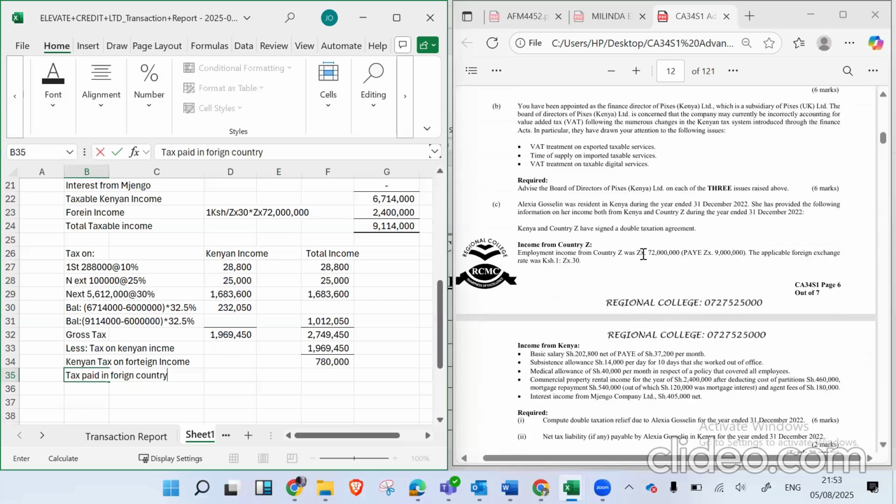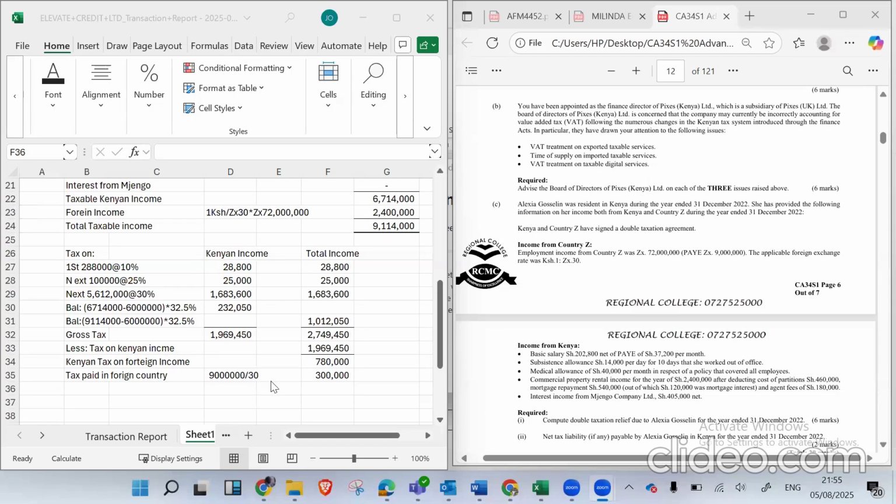So the tax paid in foreign country was 9 million. So 9 million divide by 30. So you can see the tax paid in foreign country is less than the tax payable in Kenya on that.